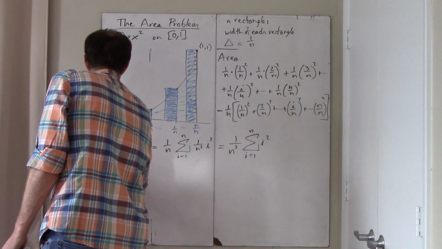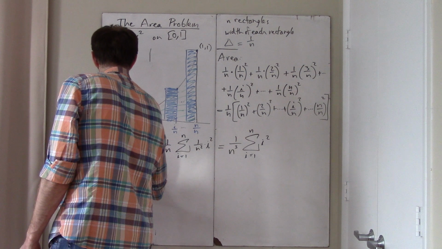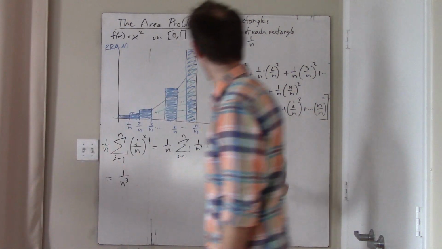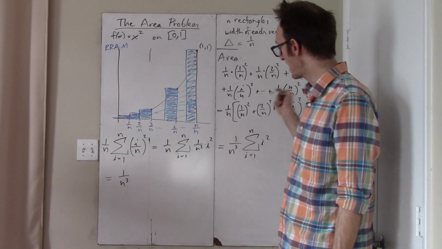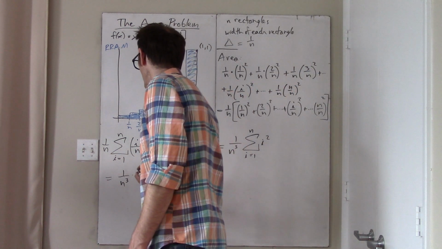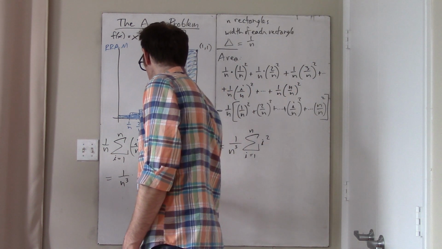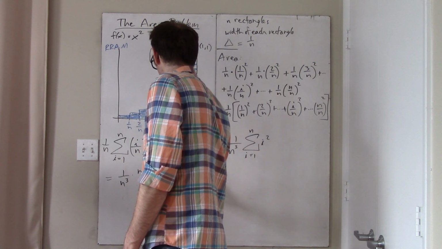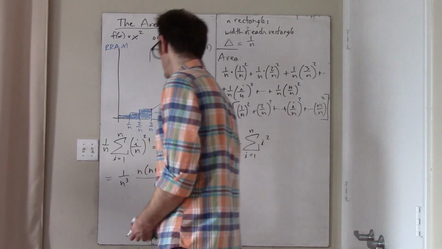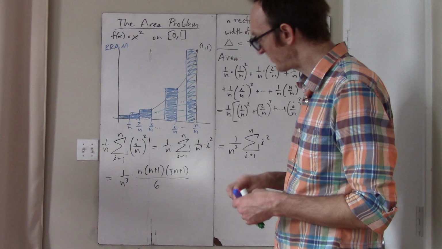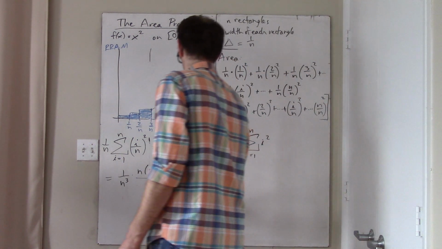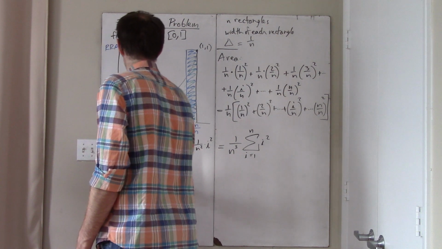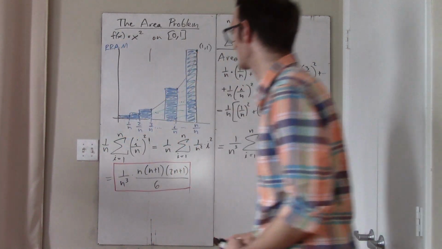So I have this 1 over n cubed. If I add 1 squared plus 2 squared plus 3 squared plus 4 squared all the way to n squared, I know exactly what I'm going to get. What I'm going to get is n times (n plus 1) times (2n plus 1) over 6. Okay, and now I have this amazing thing here in red. What is this amazing thing here in red?